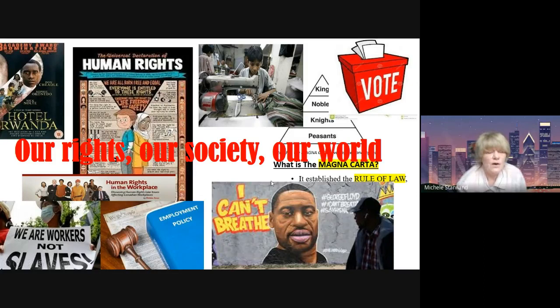We talk about current issues that are going on in the world, when the rule of law is broken or is not upheld. So you have to have a very good understanding about how things started in terms of our rights and our society, and it all started with the Magna Carta, which some of you will look at if you're doing history.